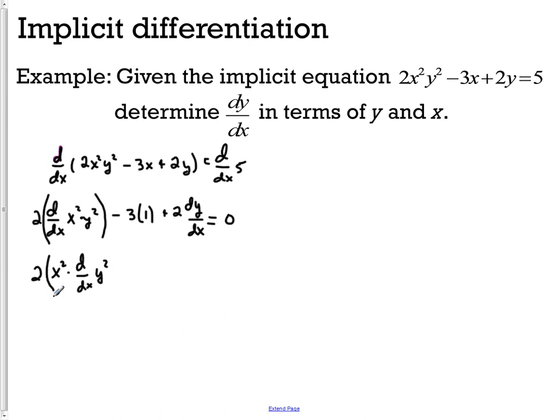Again, y is implied to be a function of x, plus the second function y squared times the derivative with respect to x of x squared, so that's our product rule, minus 3 plus 2 times dy dx. And again, all of that is equal to 0.